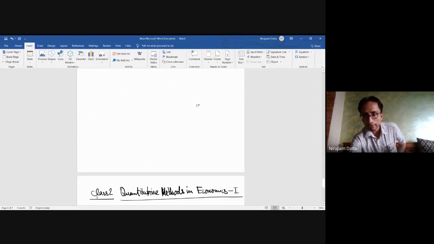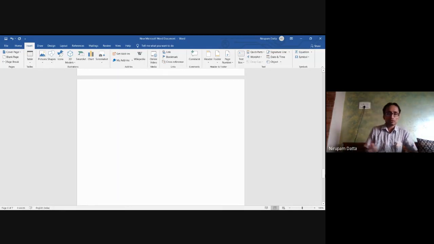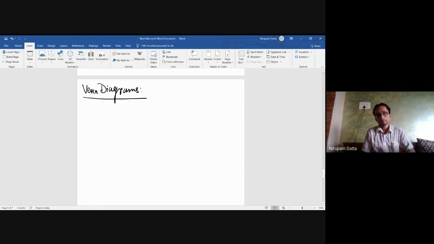Okay, now we will show diagrammatically, using Venn diagrams, all these three operations on sets. Venn diagrams. Fine. Now we represent sets with circles. So this is a given set.